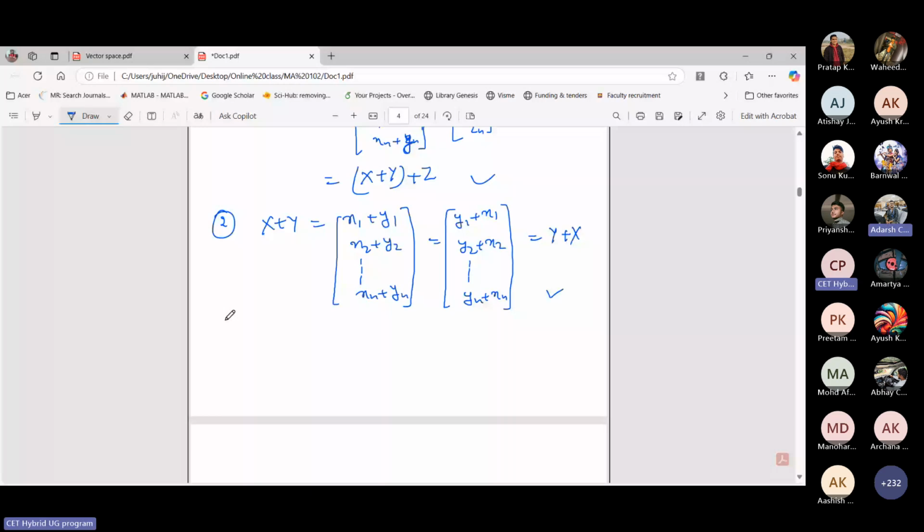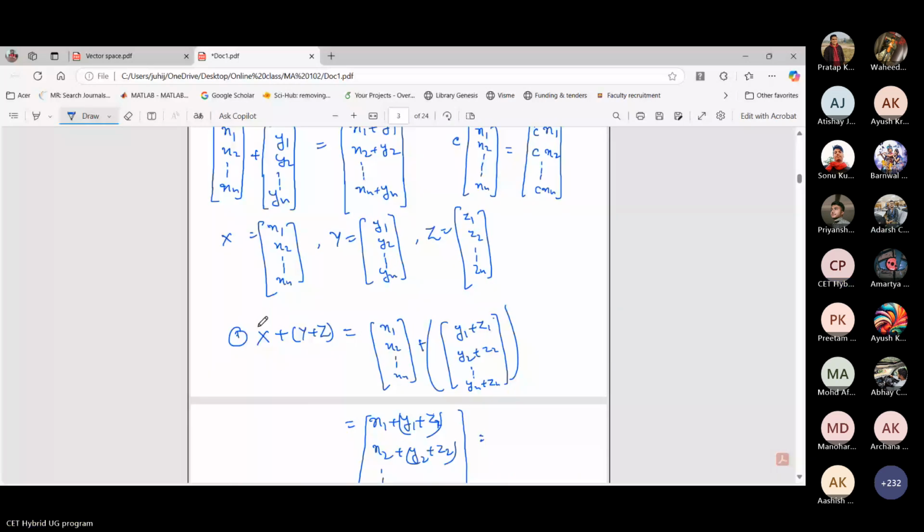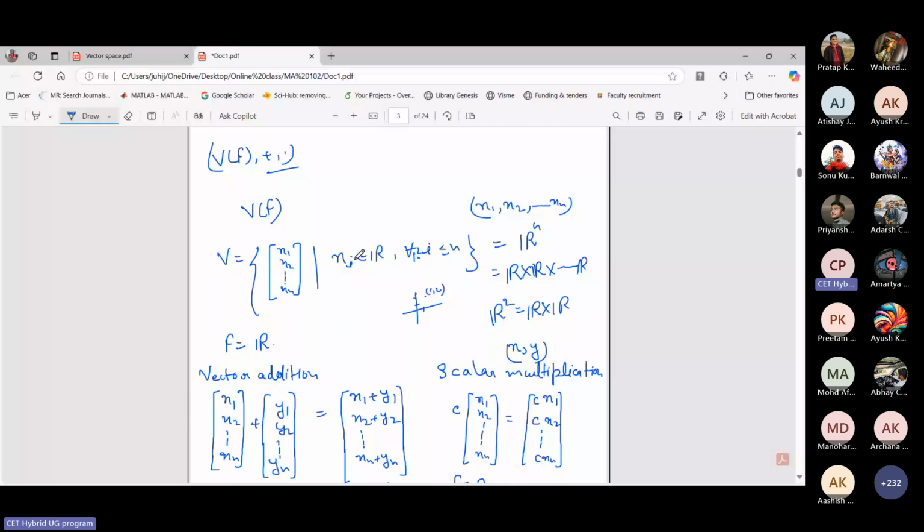So in the set of real numbers, V is defined how? x1, x2, xn, where each xi belongs to R, then 0 also belongs to R. If 0 belongs to R, whether the all elements with 0, means 0, 0, 0, n times, an n cross 1 matrix, will this be a member of V?